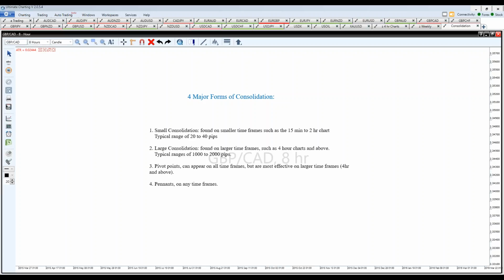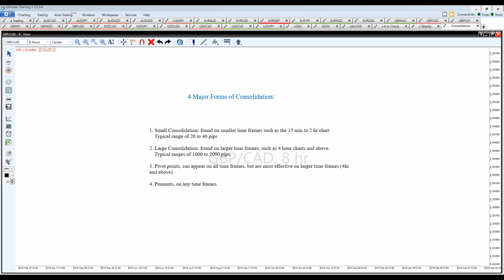Now, we will be covering each of these four categories throughout today's session. Now, let's begin with small consolidation. Small consolidation, as we already established, is found on time frames that go from the 15-minute up to the 2-hour.